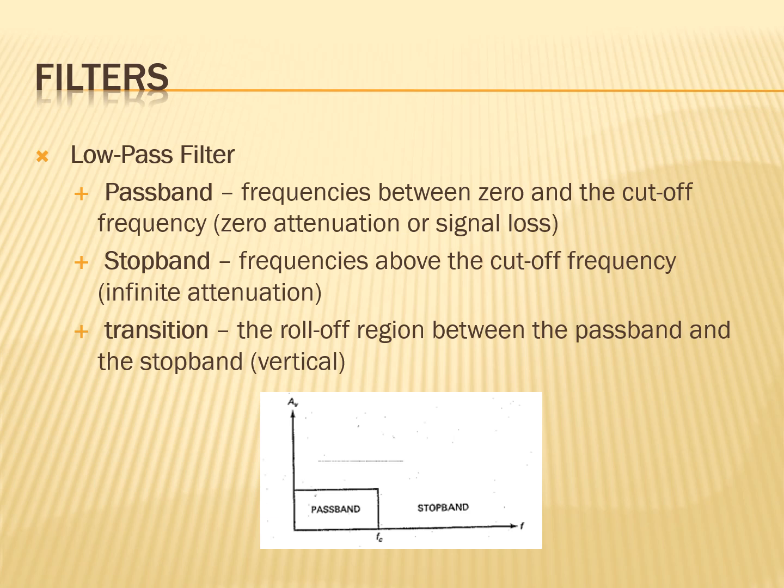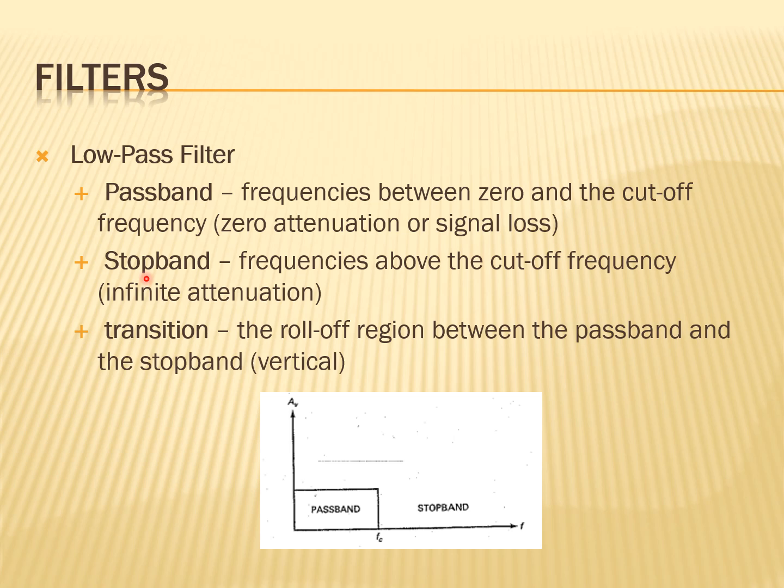So this is the frequency response for a low pass filter. It is a graph showing the gain. The vertical axis, the y-axis, is for the gain, and the horizontal axis is for the frequency.